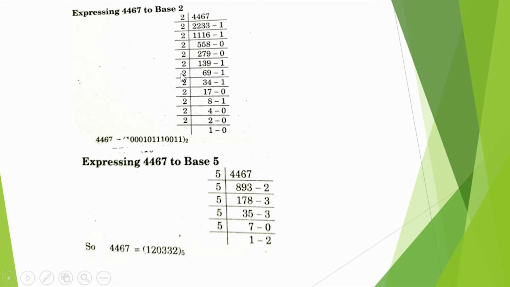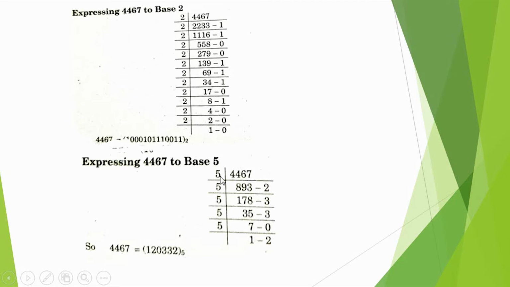Now 2 6s are 12, 2 3s are 6, 2 4s are 8, 1 carry. 2 1s are 2, 2 7s are 14, 0 carry. 2 8s are 16, 1 carry. 2 4s are 8, 0 carry. 2 2s are 4, 2 1s are 2, 0 carry.